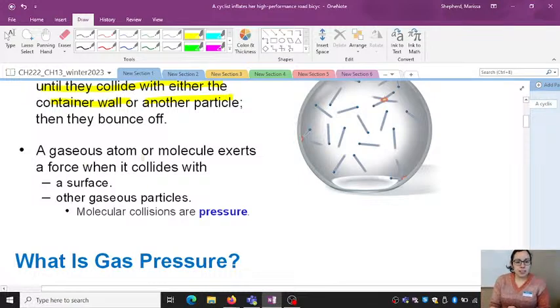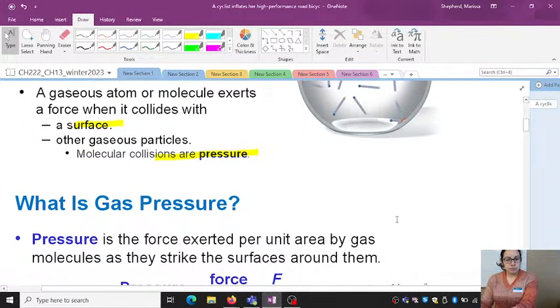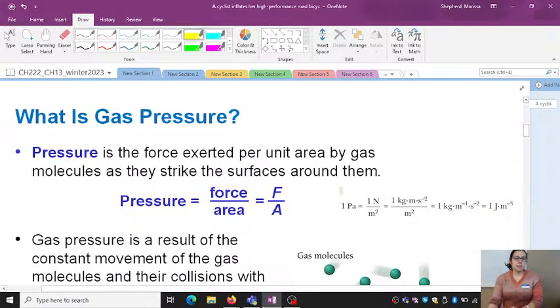A gaseous atom or molecule exerts a force when it collides with either a surface or another gaseous particle. These molecular collisions are called pressure. So what is pressure?